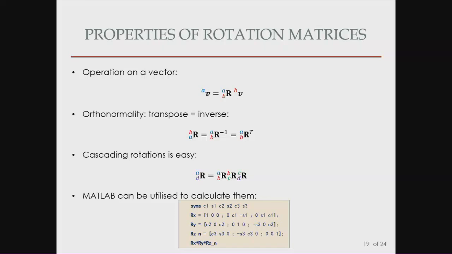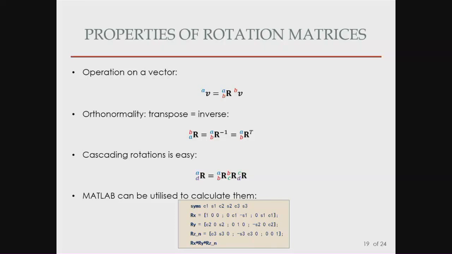Anything that is a 3x1 vector is pluggable into this formula, all right? In terms of notation, do you understand now the label on the left? If I have this V and the label A next to it, it means that when I write the three components, the x, y, z components, I refer to the axes of frame A.